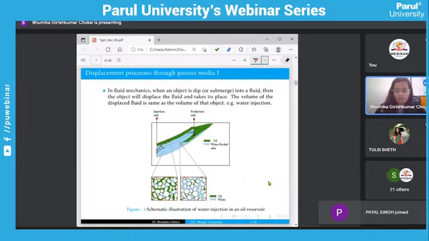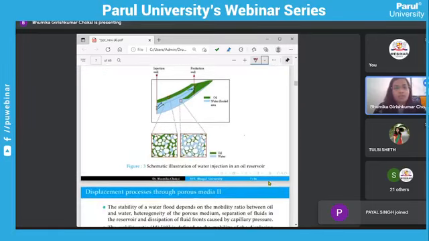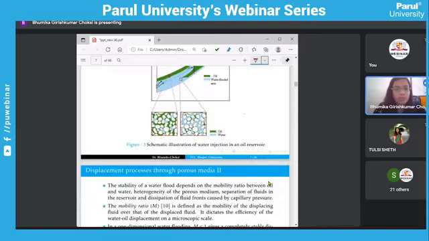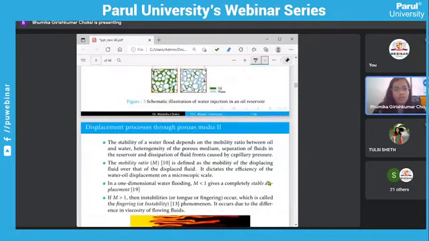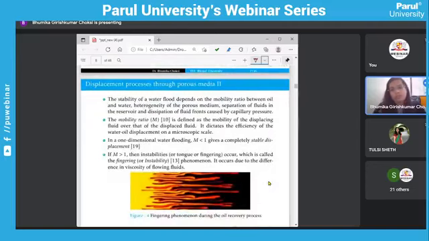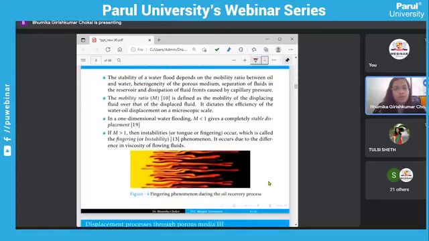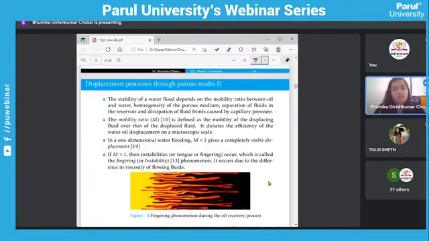So this is the water injection process, and I'm going to focus on one of the phenomena during water injection only. So what is actually happening inside? If I go deeper, then this is the process occurring inside.